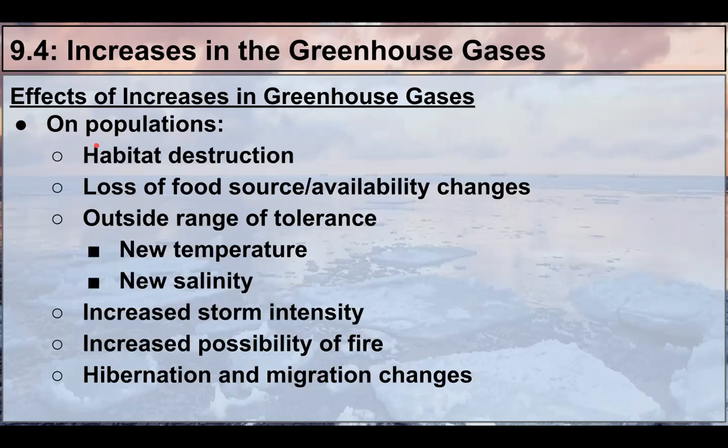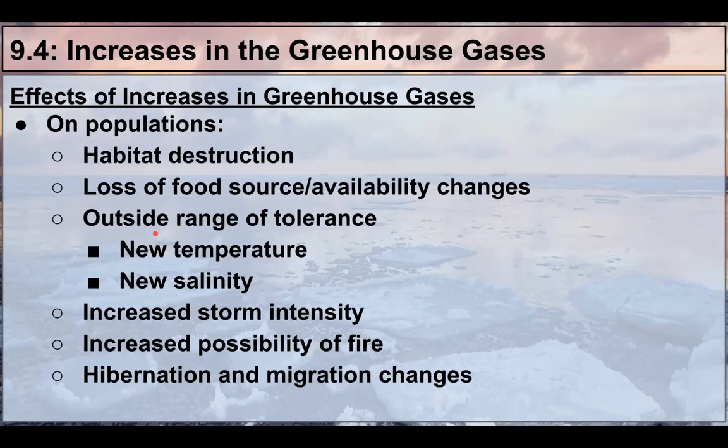Okay, so we're talking about populations of animals, plants here. So the destruction of habitat as a result of the warming. If certain species die out, that will cause food sources to disappear.